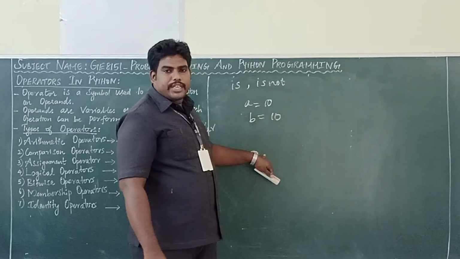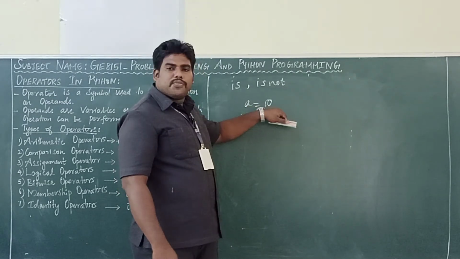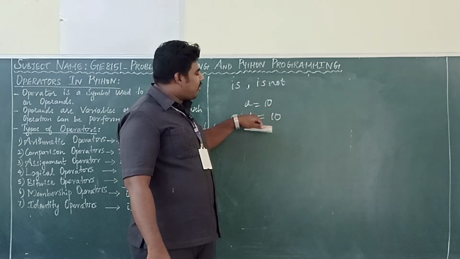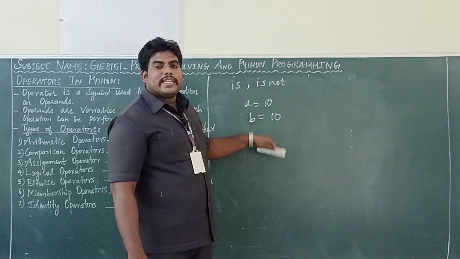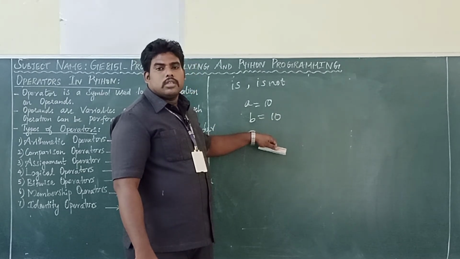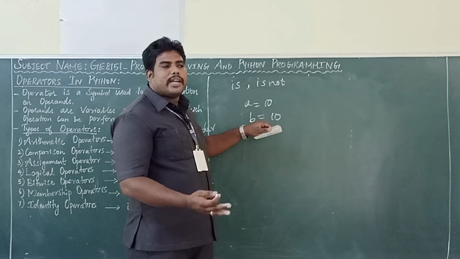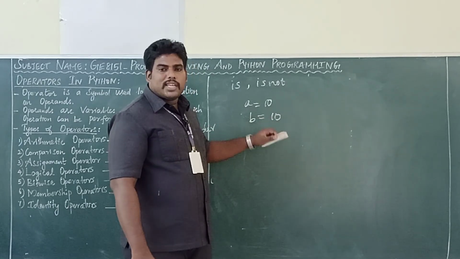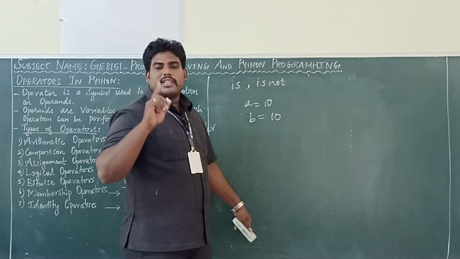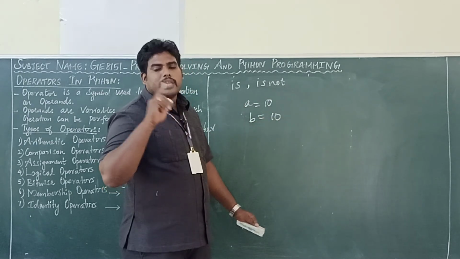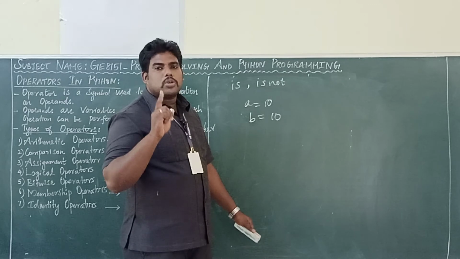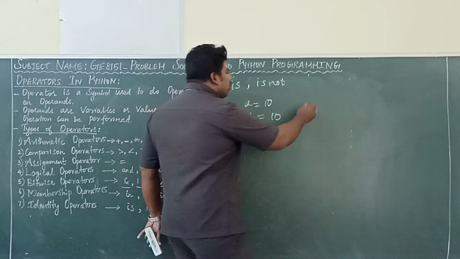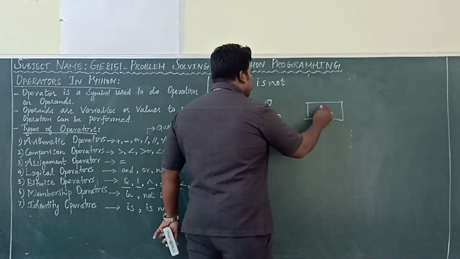The special feature here is, see, what's the value of A? 10. What's the value of B? 10. So how many times is it stored in memory? While executing the program, the data is stored in the memory, right? Here, will it be stored 2 times or only 1 time? In other programming languages, it will store 2 times. Here, it will store only 1 time.